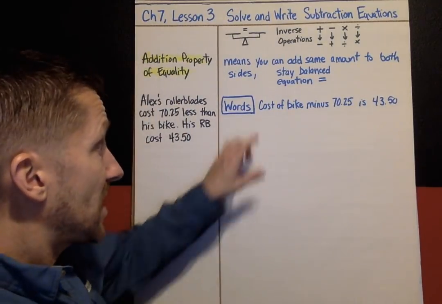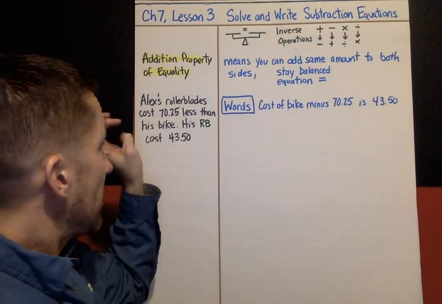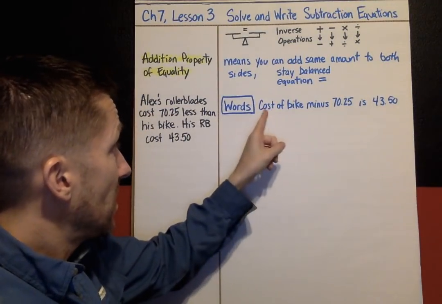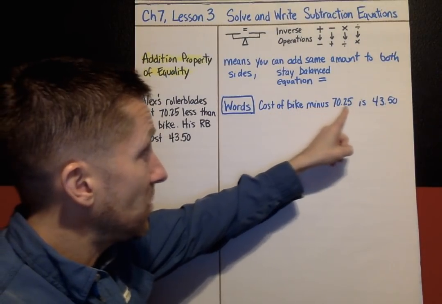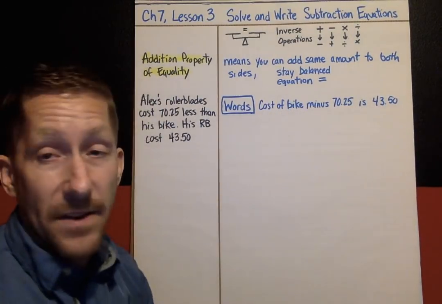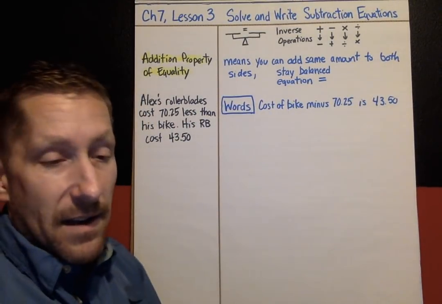So that is the first step. Try to come up with a sentence that comes from the situation. The cost of the bike, cost of Alex's bike, minus $70.25 is $43.50.